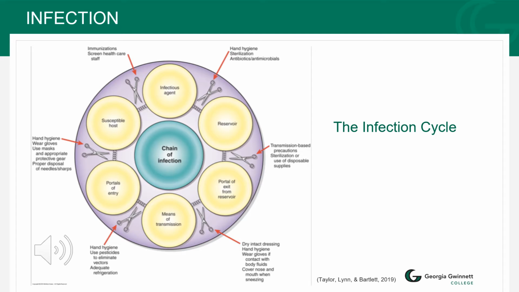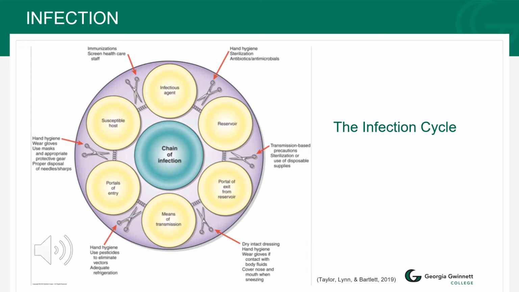And we have a learning outcome number 2, describe the nursing interventions used to break the chain of infection. And you can see all these different interventions, right? Sterilization or use of disposable supplies, good hand hygiene, cover your nose and mouth when sneezing.